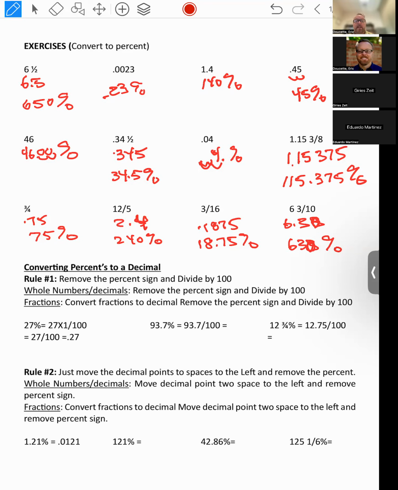So in the 3/8 example, 1.15, you just divide the 3 by the 8, and it comes out to 0.375. You would add that to the end of the number, so you just add the 375 after the 15. Then I moved the decimal point 2 places to the right, so it came out to 115.375%.